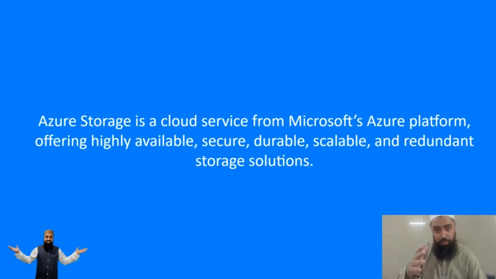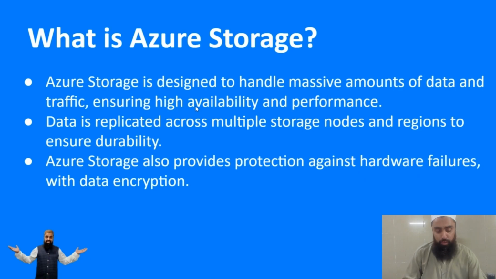And redundant means that I have multiple copies of my data on multiple physical locations like regions and availability zones. So these are the terms most frequently used in storage: highly available, secure, durable, scalable, and redundant. So, what is Azure Storage?